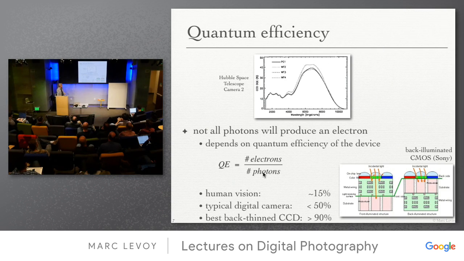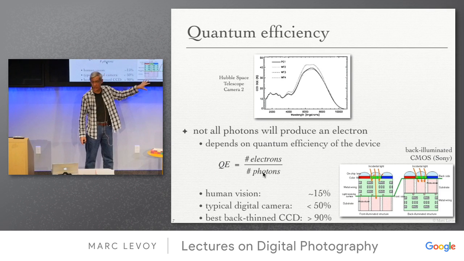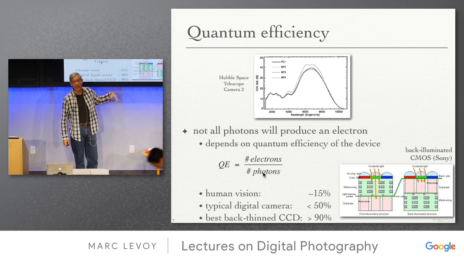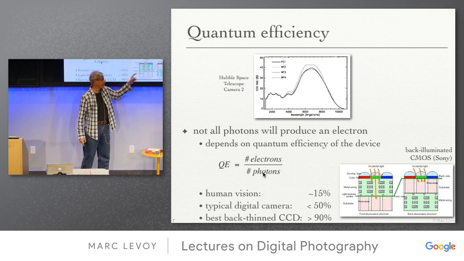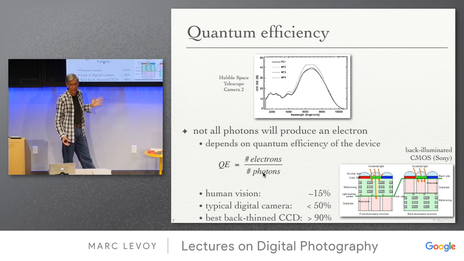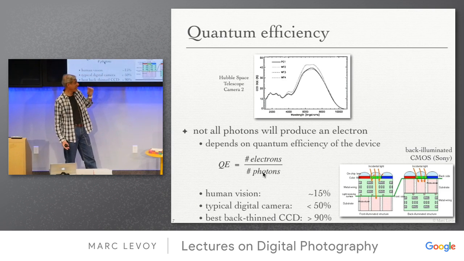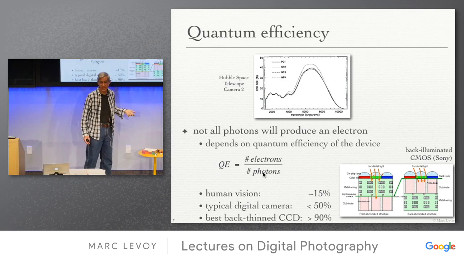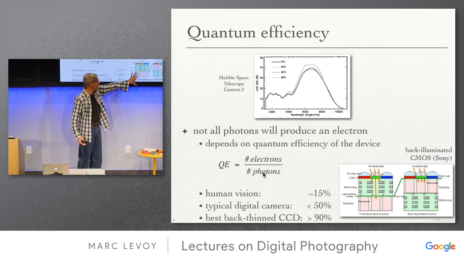What I mean by back-thinned is, for many years, the design was this one, where the light went through all the metal layers and then struck the silicon. As I'll show a little bit later, those metal layers kind of get in the way. They cause what's called pixel vignetting. You can improve things by turning the chip upside down. Now, that's not as easy as it sounds, because this is very thick, and this supports the circuitry.